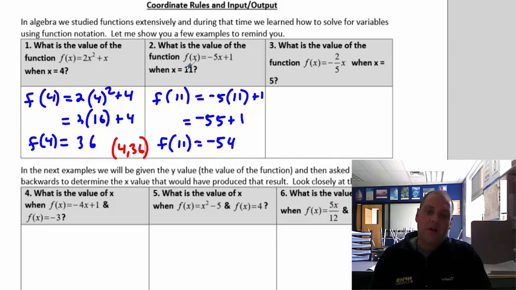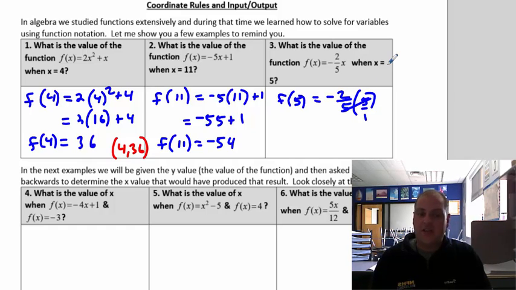And again, that's the point 11, comma negative 54. And then one more real quick. F of 5, so we're going to do 5 times 2/5. Well, actually it's 5 over 1, so the 5's cancel. You could put it in your calculator, but this just gives you f of 5 equals negative 2.